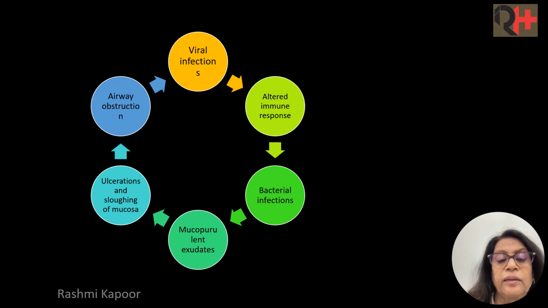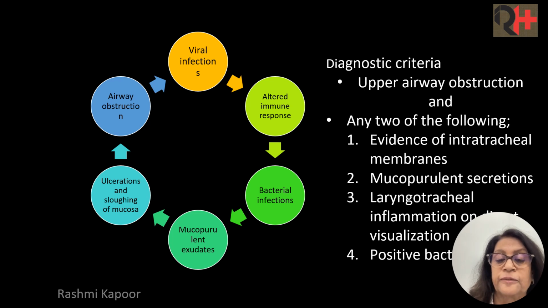The typical process is that a viral infection of the upper and lower airway leads to an altered immune response, which welcomes bacterial infection. There will be mucopurulent exudates and ulceration and sloughing of mucosa, which cause airway obstruction and the symptoms with which the child presents.